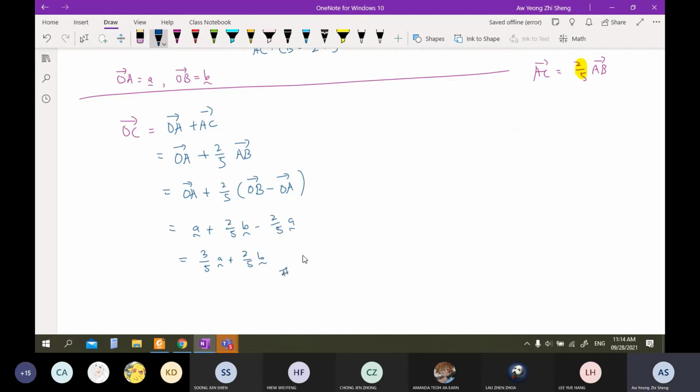And that's the answer for OC. OC is understood as the position vector of C, even if we don't mention the word position vector. And this is example 4, and we are done with example 4 now.